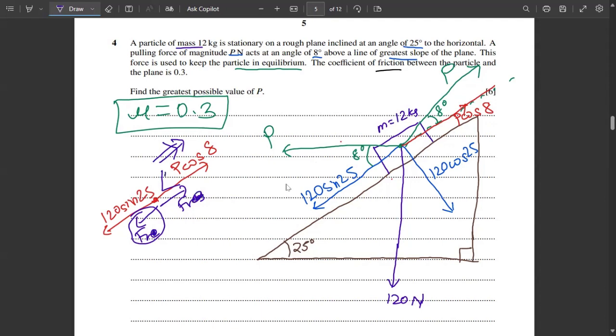But if 120 sine 25 is greater than P cos 8, then the object will start moving downwards, and in order to resist that, resistance force will move upwards.